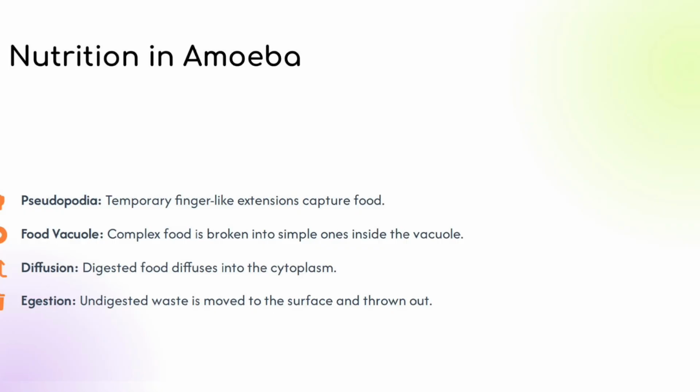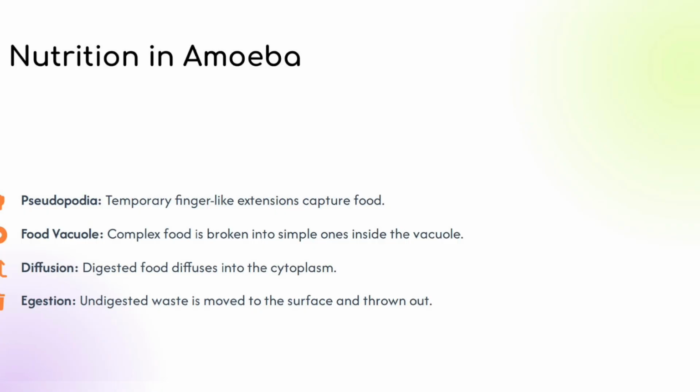This whole process shows how even a single-celled organism can perform all life processes. So, pseudopodia, temporary finger-like extensions, capture food, and in the food vacuole, complex food is broken into simple ones.